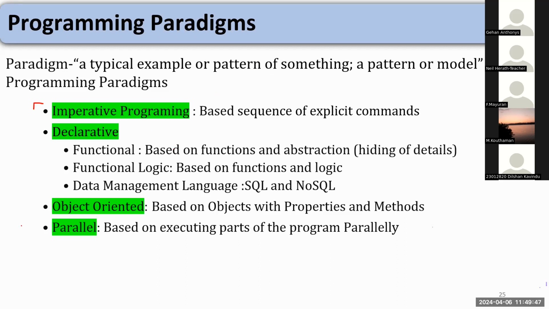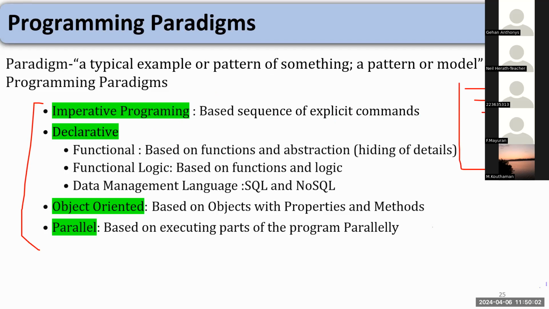So what is the sequence? That means you cannot interchange it. If you give the proper sequence in the program, then it will work properly. In this example, the C language, you have to give the commands in a proper sequence.